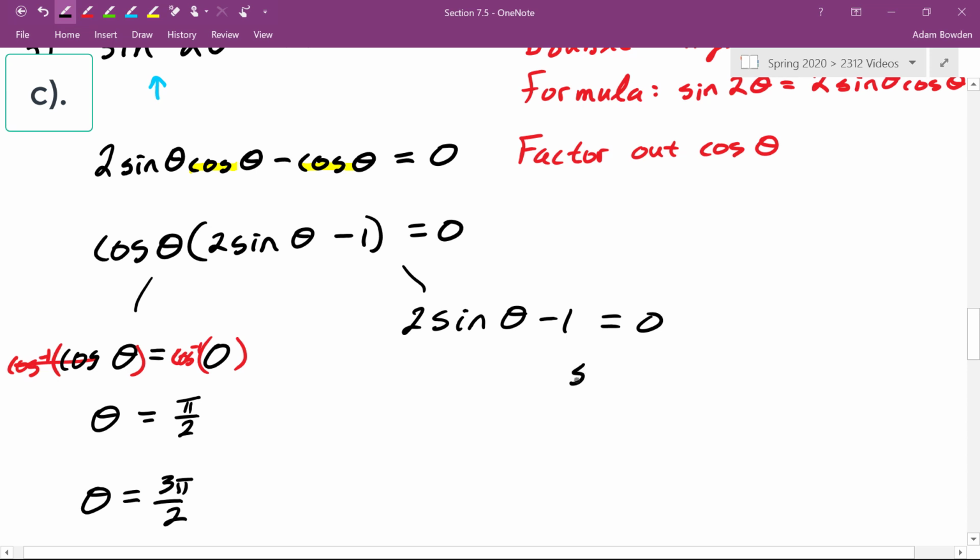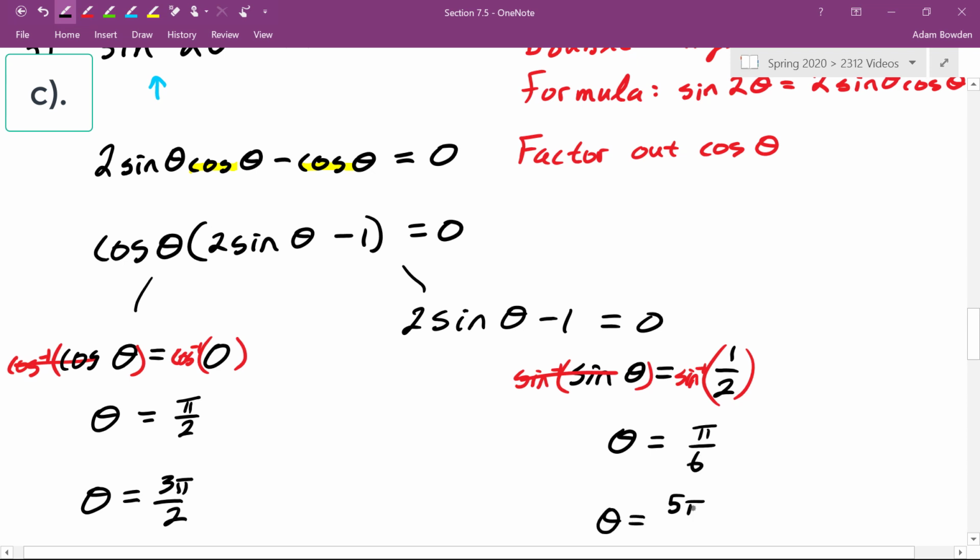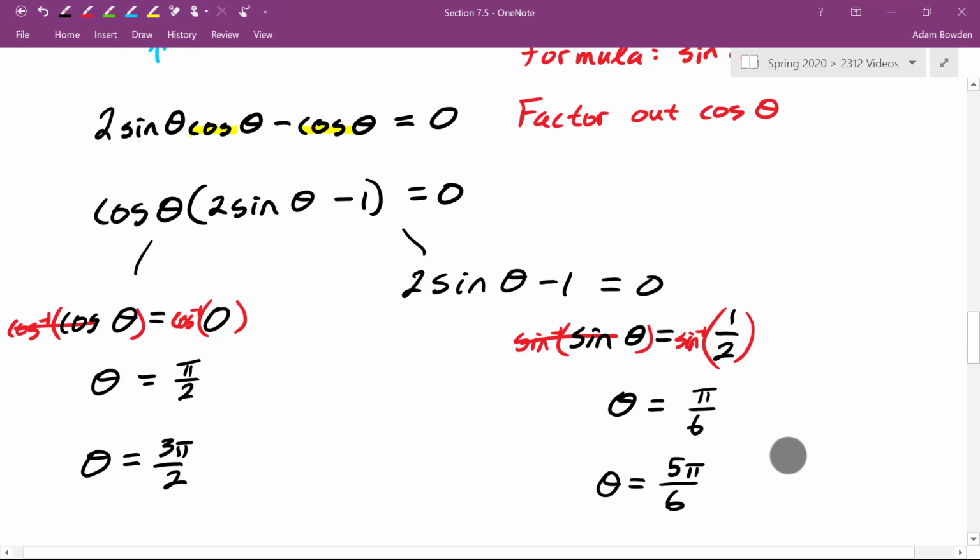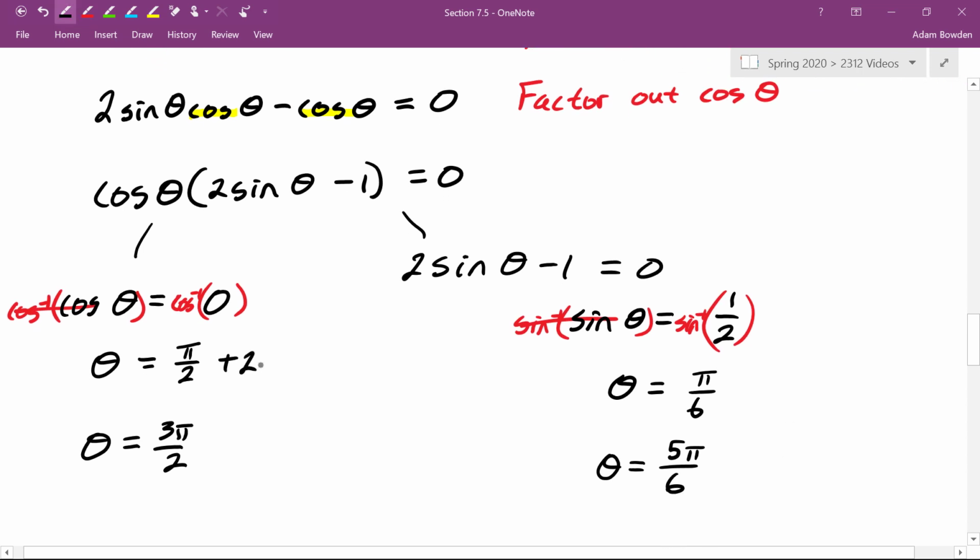On this other equation, if I solve, I'd have sine theta equals 1/2. Considering the angles where that happens for the sine, there will be 2 locations, at pi over 6 and at 5 pi over 6. So if we add plus 2 pi n to each of those, that's going to give us all solutions.